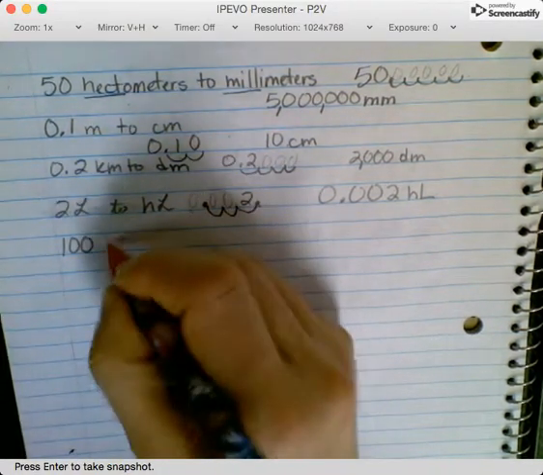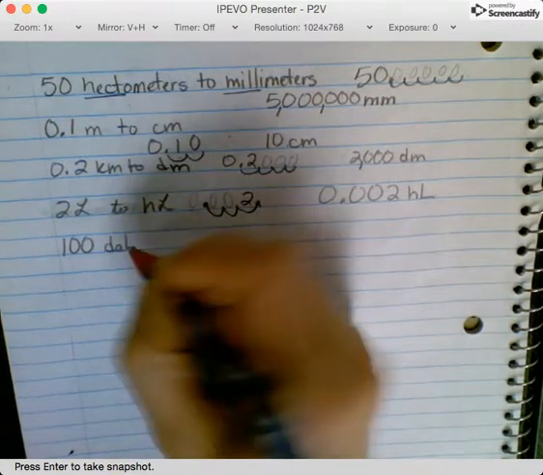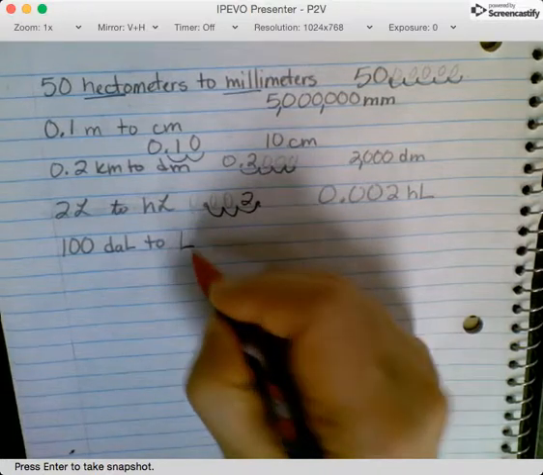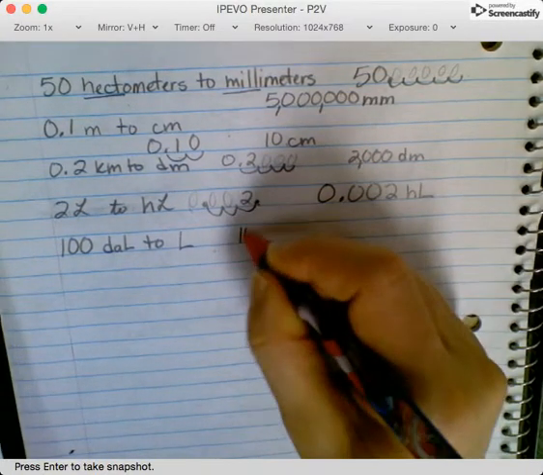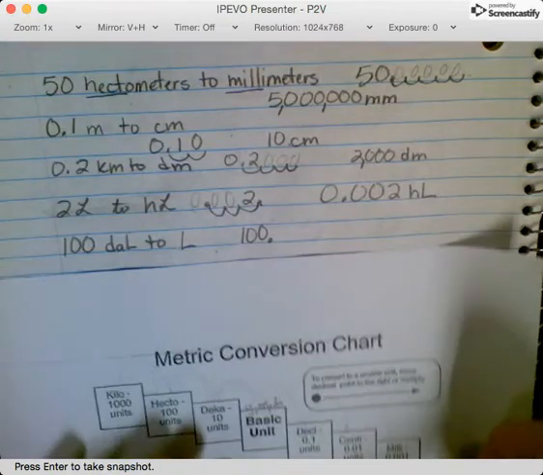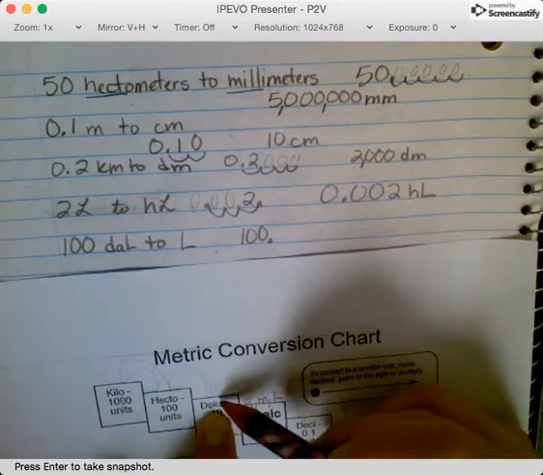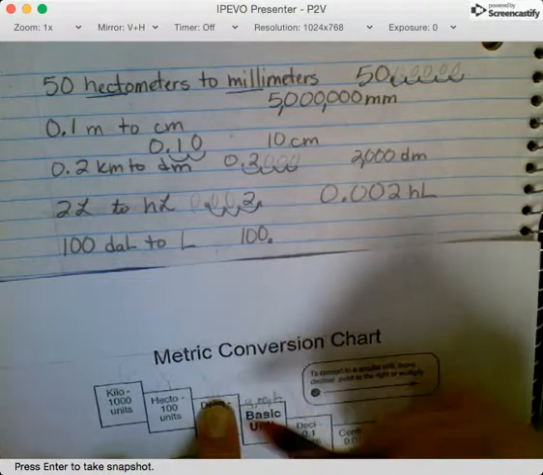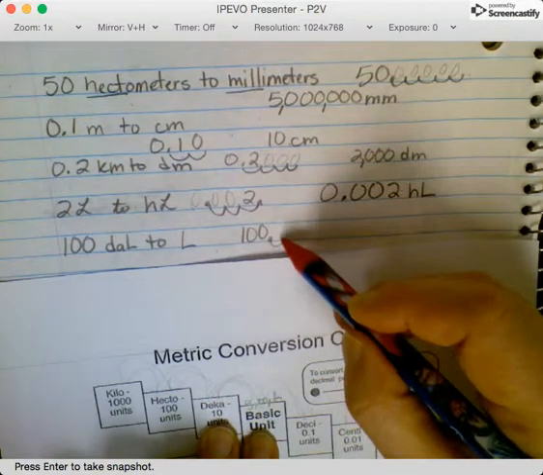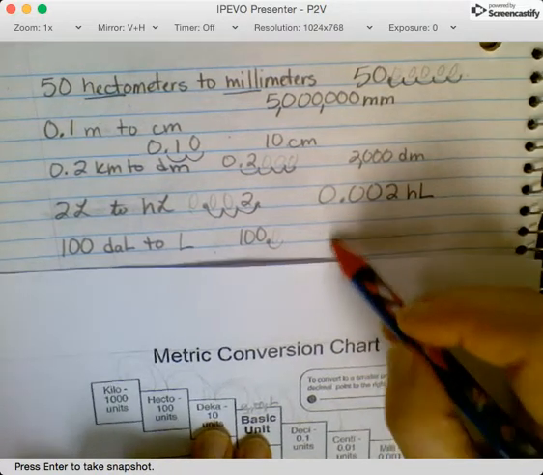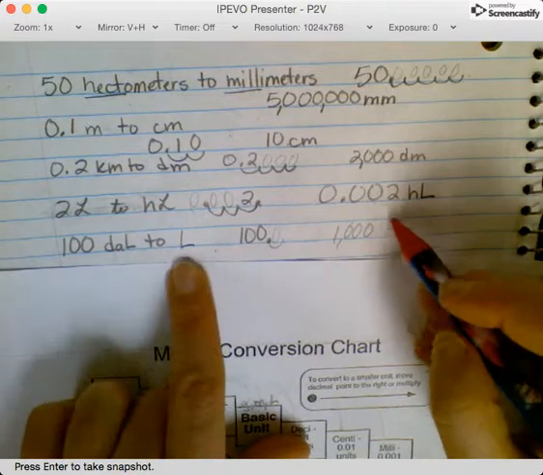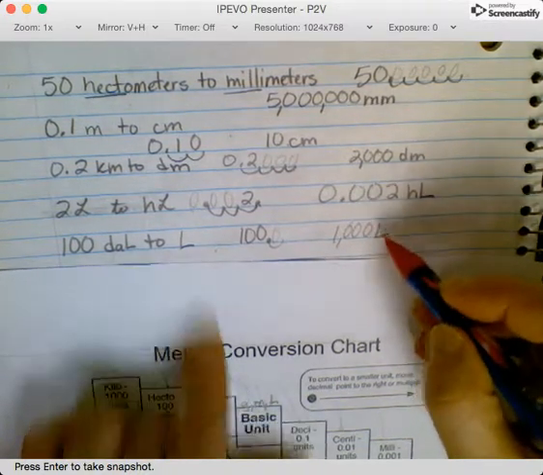Next, 2 decaliters to liters. I have my imaginary decimal here. Decaliters is right here, liters is here. You go 1 to the right. That means I put an extra 0 there, which is 20, and my label is liters.